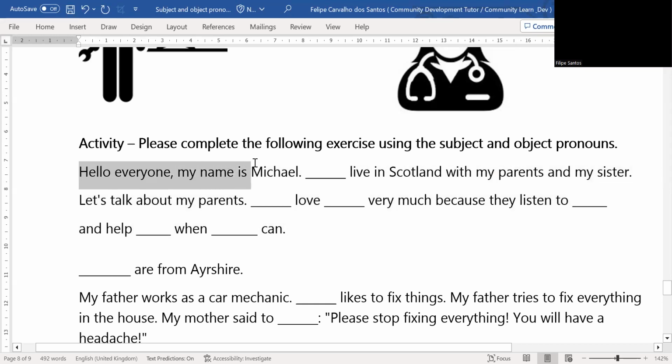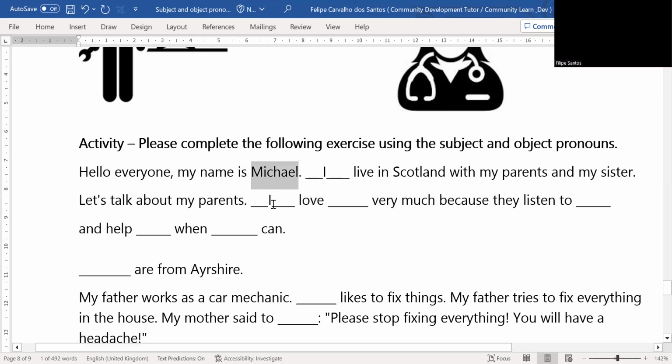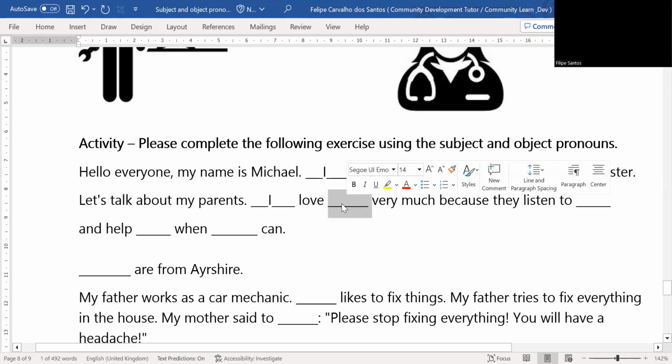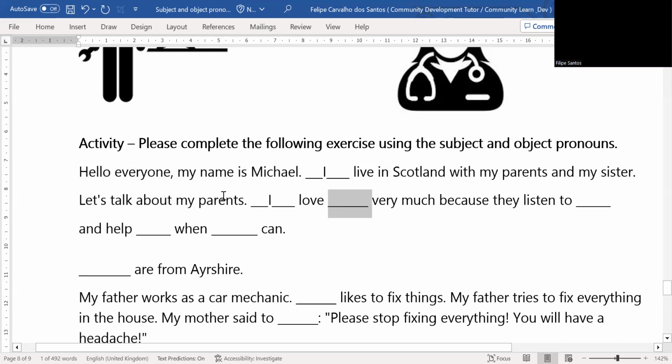Hello, everyone. My name is Michael. I live in Scotland with my parents and my sister. Let's talk about my parents. I, Michael, I love what goes here. Parents. How do we refer to parents? I love them very much because they listen to me.